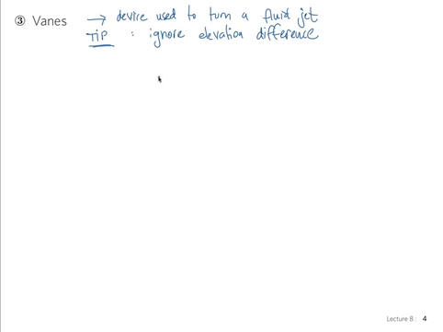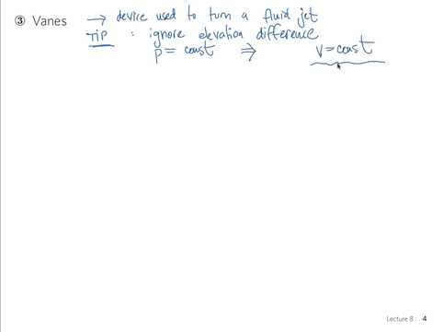Also, the vane is open to the atmosphere everywhere, so P is equal to a constant. Atmospheric pressure everywhere. And finally, well, if P is equal to a constant and there's no elevation difference, Z1 equal to Z2, P1 equal to P2, so on our Bernoulli equation, the only term that's left has velocity, and so these two things together imply that V is equal to a constant.